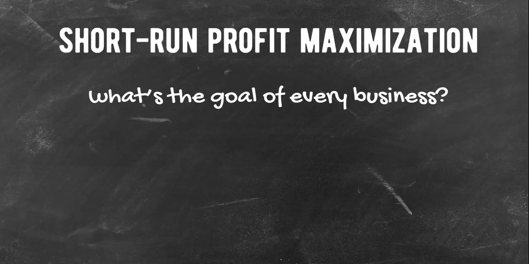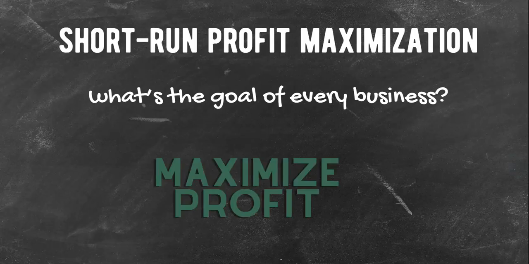In the short run, the goal of every business is to make as much profit as possible. To do that, firms need to find the right level of output, the point where the extra revenue from selling one more unit equals the extra cost of producing it.